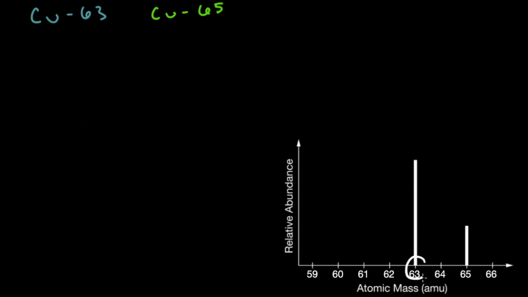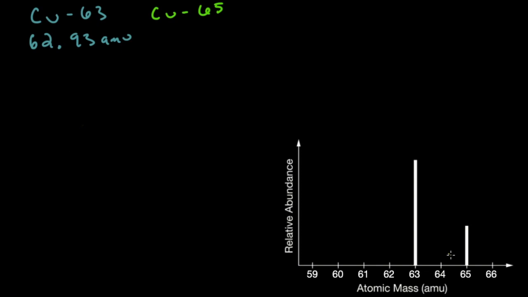But this number right here is really a decimal. It's just that you couldn't fit the decimal on this graph, so they just put it right here. If you were to look this up, this one right here is going to be 62.93 atomic mass units.